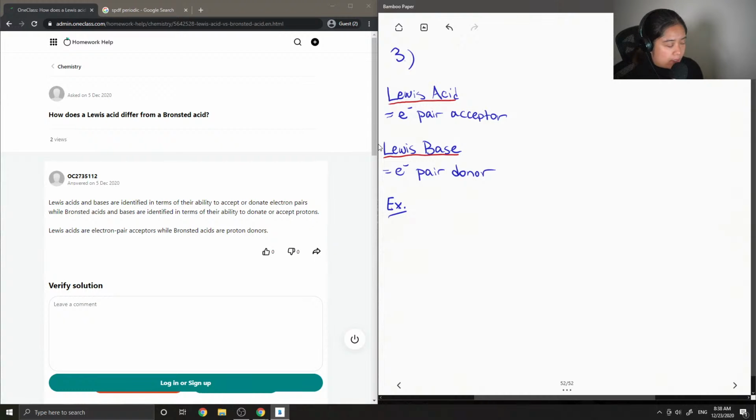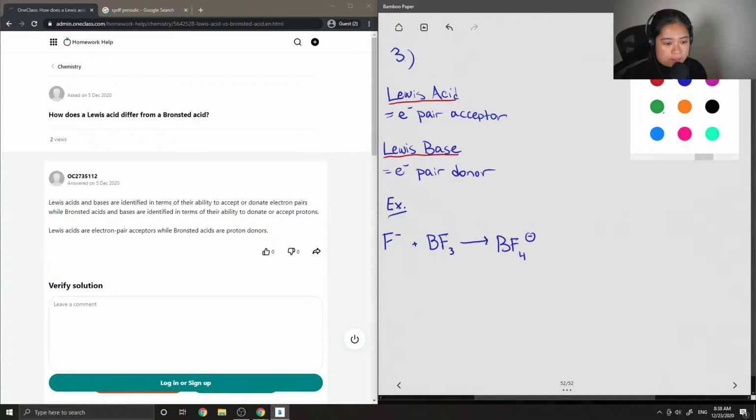Okay, so as an example, if we had a fluorine ion plus boron trifluoride, it makes BF4 minus.